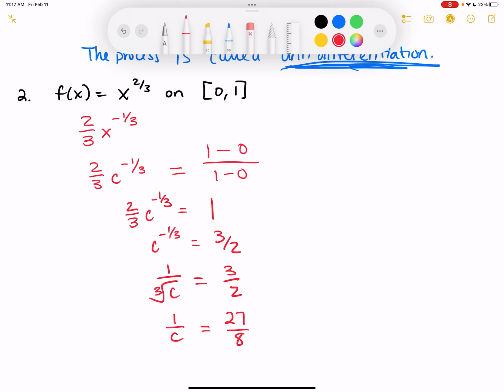Since I want c on top, I can just flip both fractions over, which gives you c is equal to 8 over 27. So it satisfies the mean value theorem, and that's our c value.